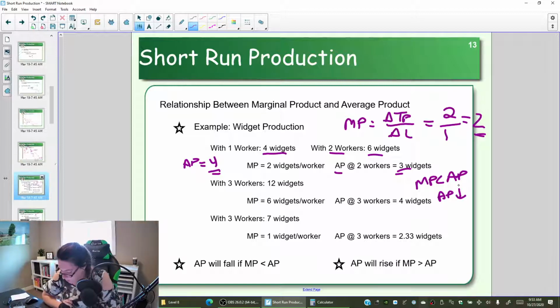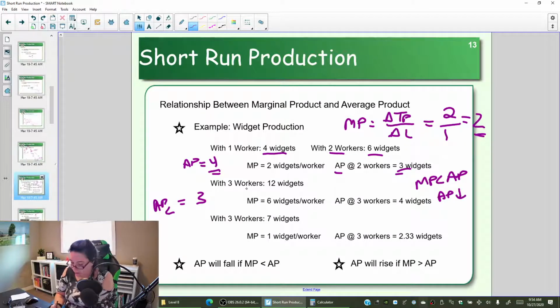Well, what happens when we go to add a worker? Let's say we go from 2 workers to 3 workers. We had an average product of labor of 3.